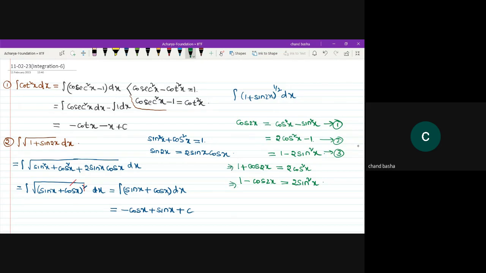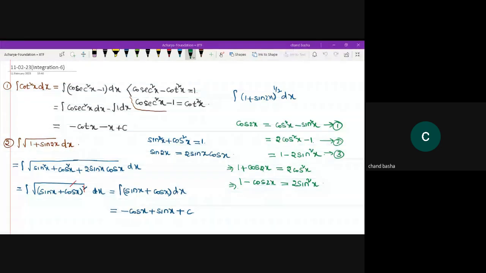Throw this minus 1 onto the left hand side: 1 plus cos 2x, these two will be on the left hand side, and you will get 2 cos square x is equal to 1 plus cos 2x, and 2 sine square x is equal to 1 minus cos 2x. These are the formulas we can remember, from trigonometric identities, and I have already discussed these concepts.